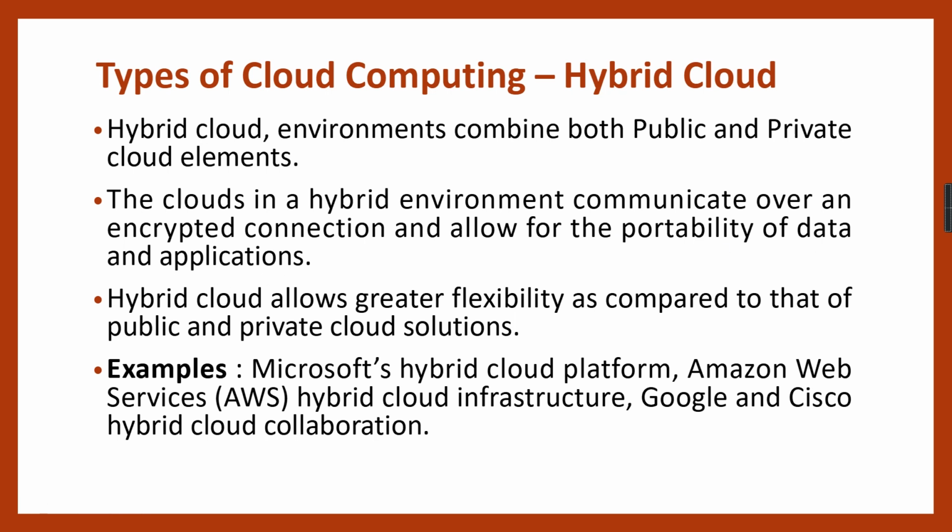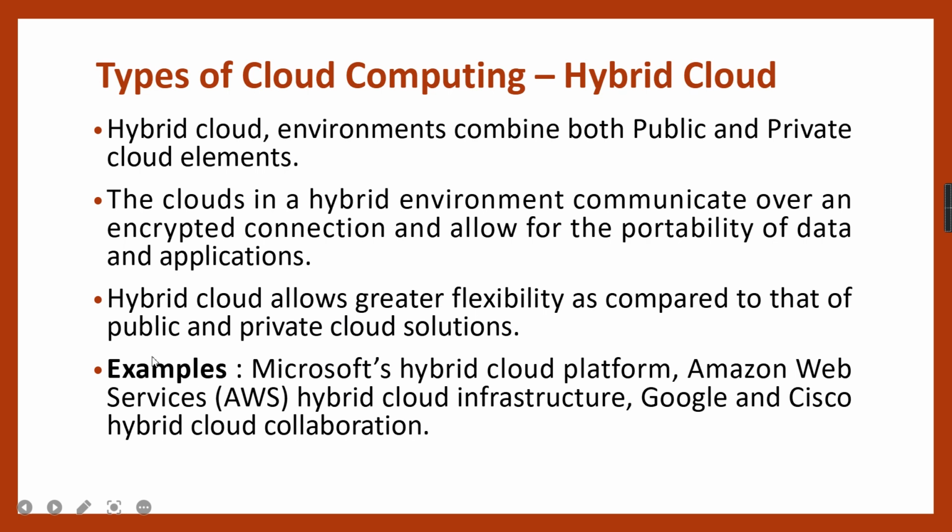So it allows usage of data as well as applications. That means whatever applications you are using in that cloud environment, their usage is also getting encrypted. That means very secure. So hybrid cloud is secure.